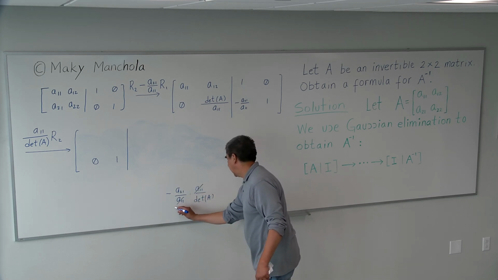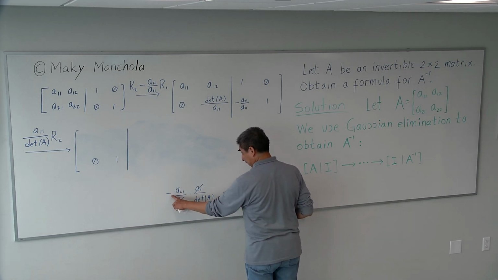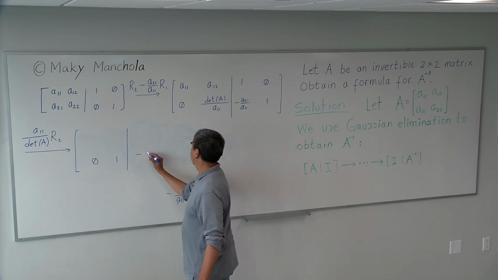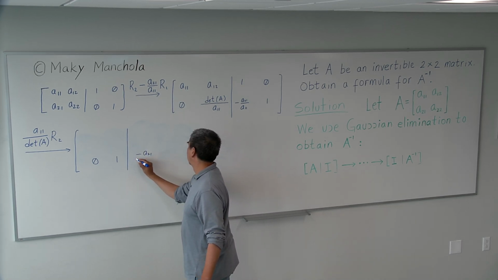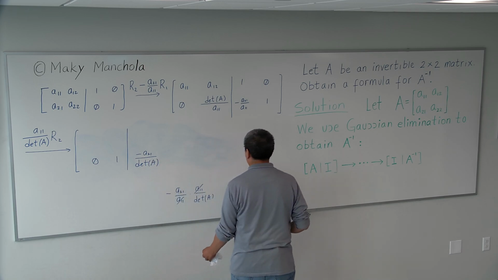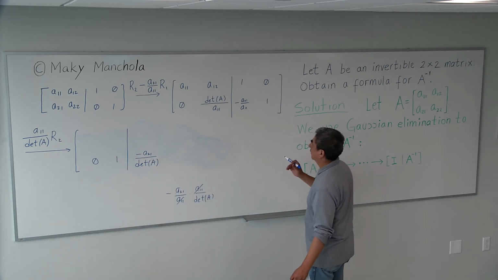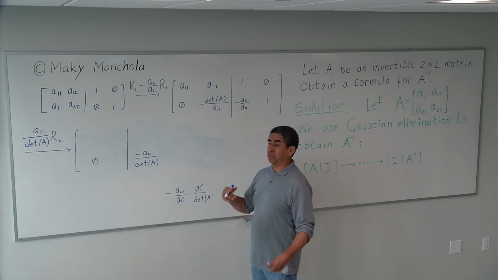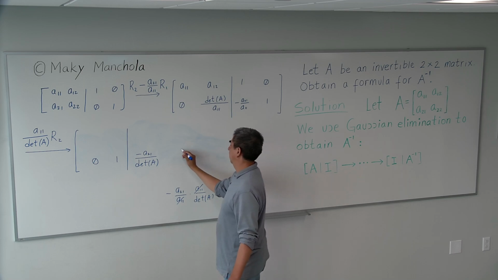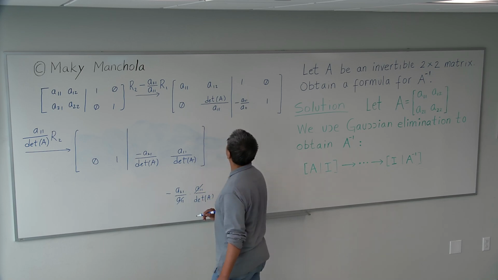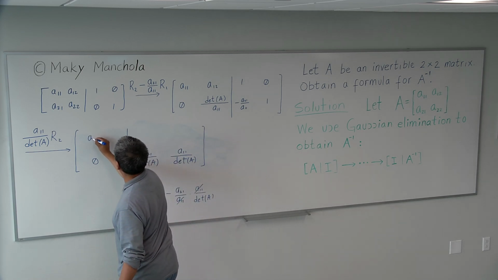The A11s cancel. So we're left with negative A21 over determinant of A. Next, 1 times A11 over determinant of A is just that: A11 over the determinant of A. The first row remains unchanged.